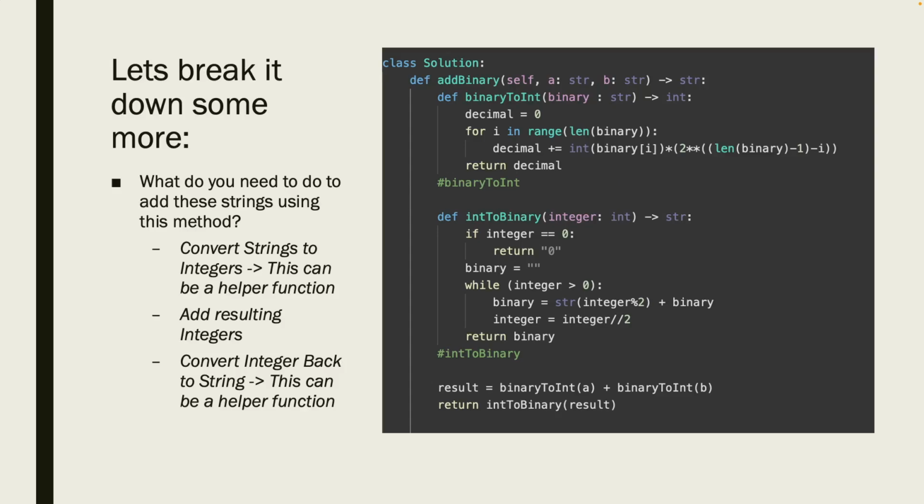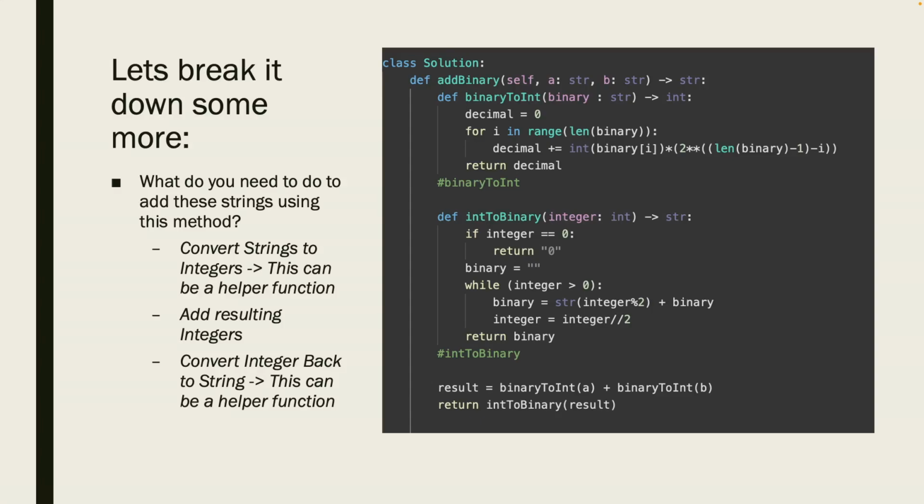So here's what it would look like to have some helper functions. You have the binary to integer function, where we have a decimal, and we're going to iterate through the string and add what each value is at a given point within that string. Then we will return the decimal value out of that helper function. The integer to binary function is basically saying if the integer is 0, we return a 0 as a string.